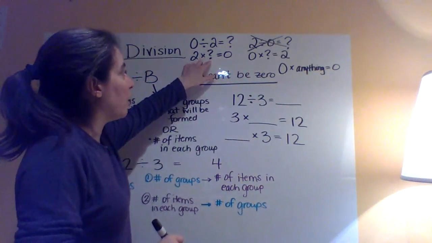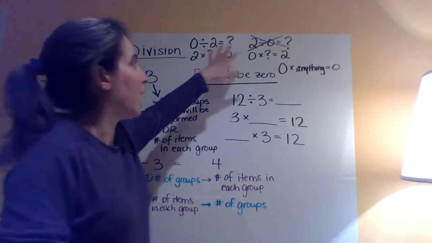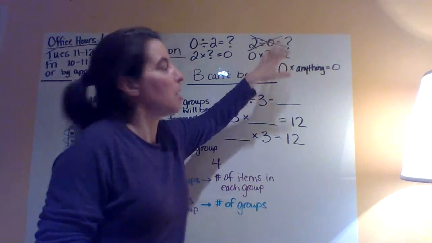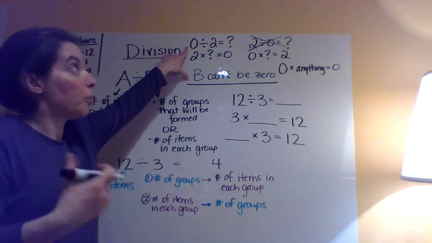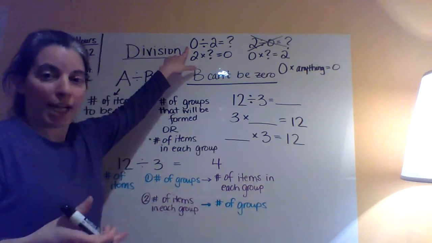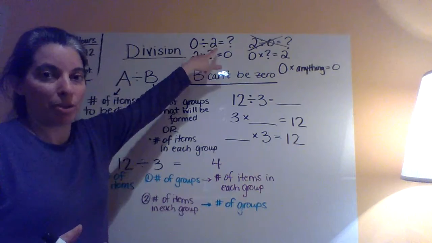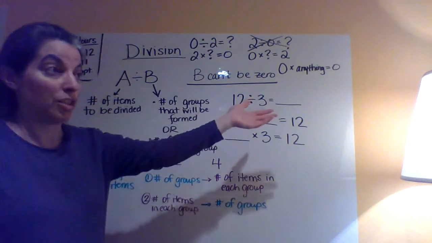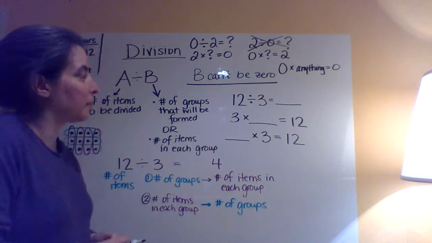This would be 0. So I can make this statement. I can't make this statement. And if we're thinking about groups, the word problems end up sounding a little bit strange, but they make sense. If I have 0 pencils and I want to give them to 2 of my friends, how many do each of them get? They get 0. So it does make sense.